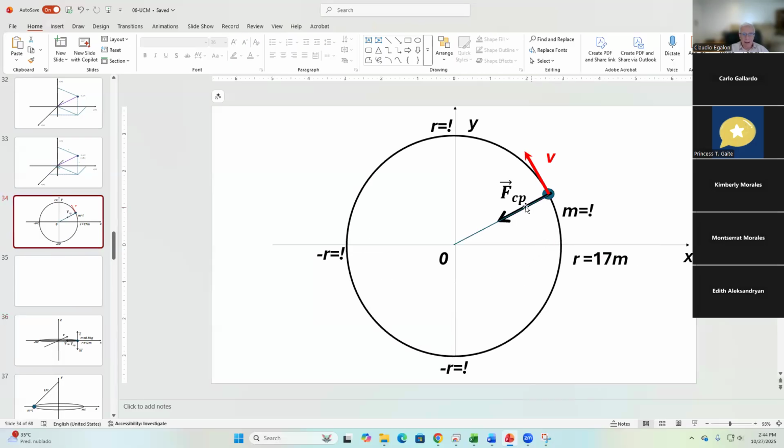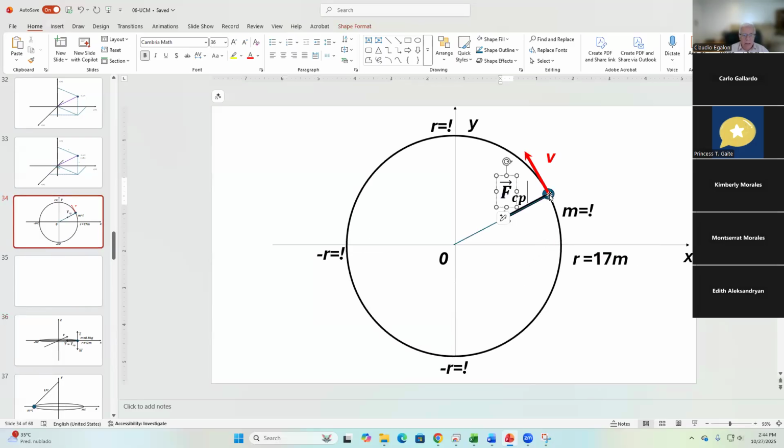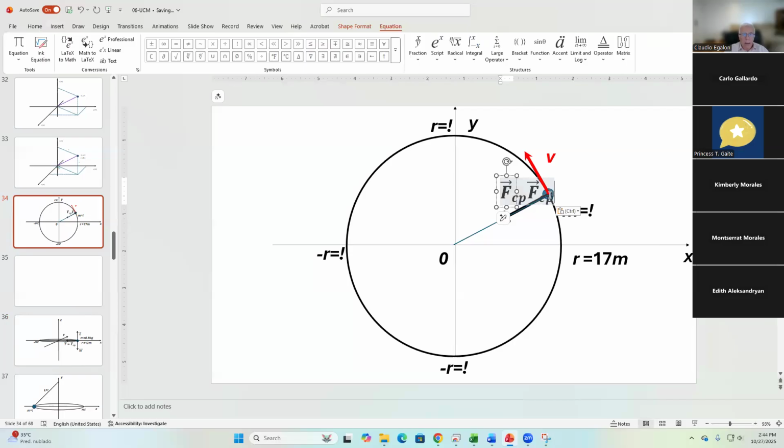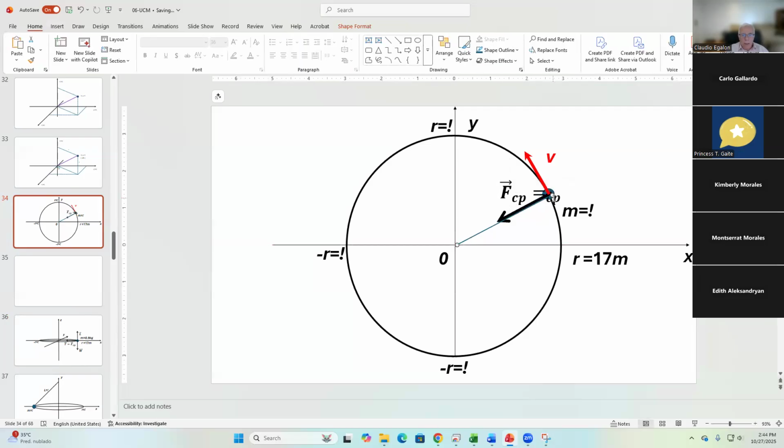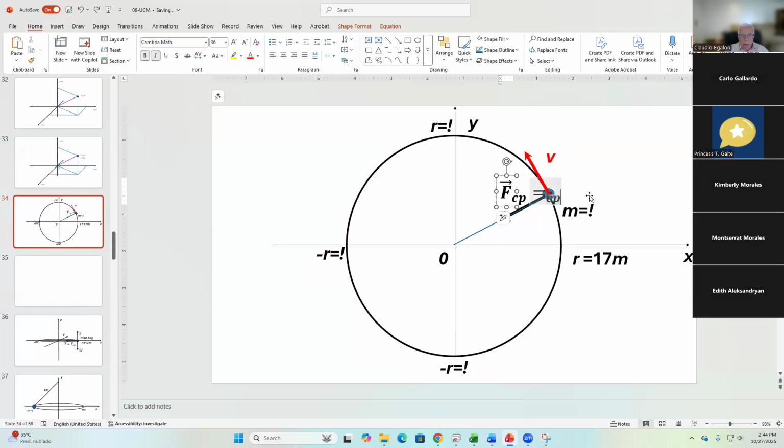Let me put it here: the centripetal force is going to be equal to the tension.